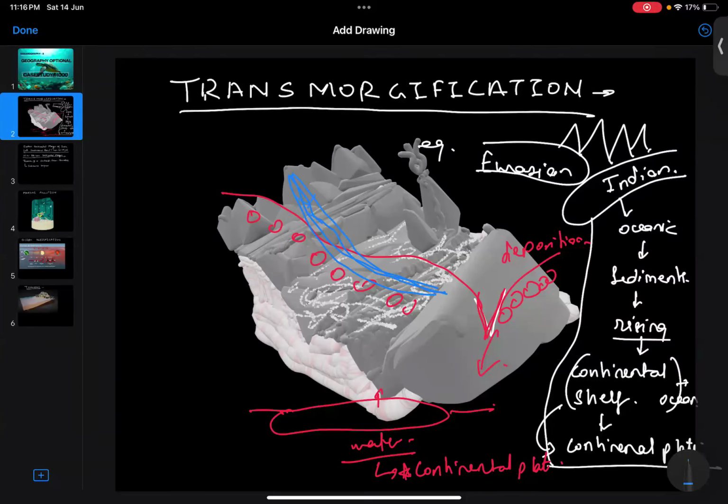This will be called a canyon, or submarine canyon. This helps us understand the formation of submarine canyons in the region of Africa and in the region of India, and the evolution of the basins and continental margins. So this is one part of transmogrification.